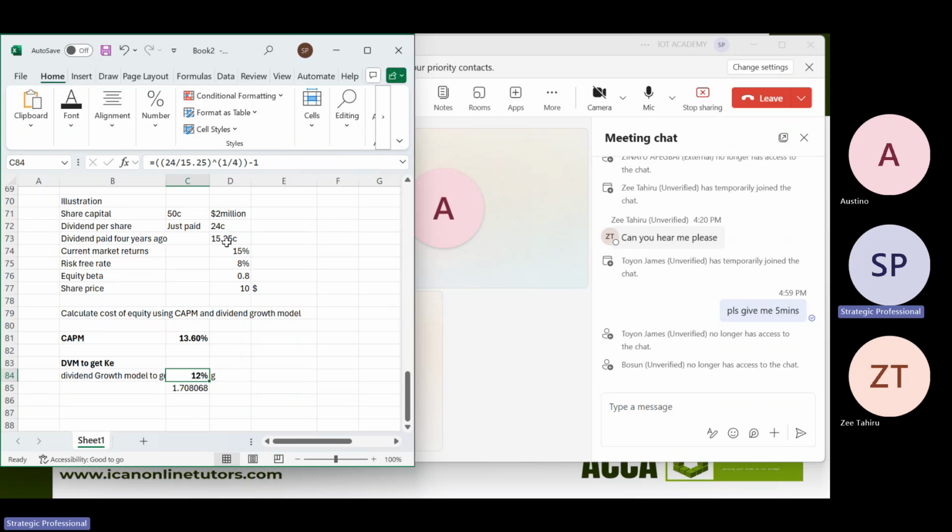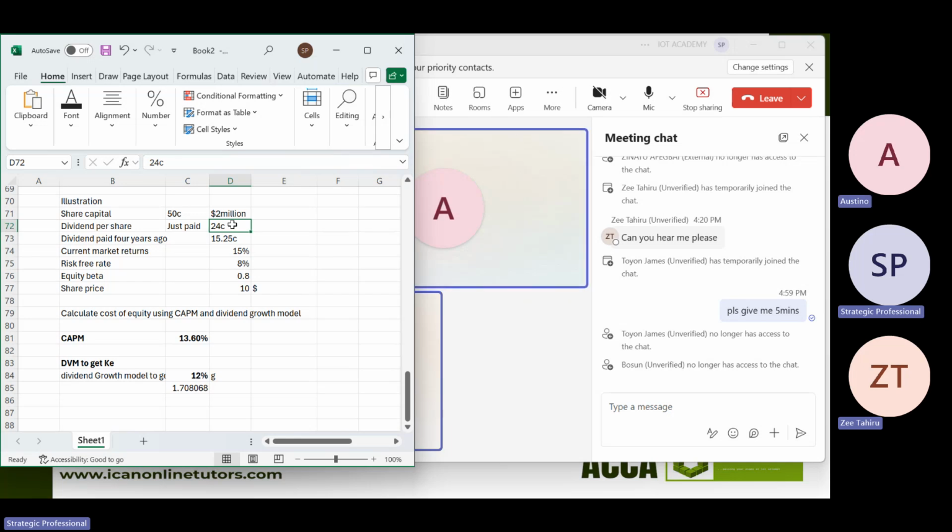Okay, so my question for you, why do you think we should use 24 cents? Let me ask so that I can be on your page. I feel 24 is more realistic, because the other dividend is from years ago, and we just want to calculate this KE.